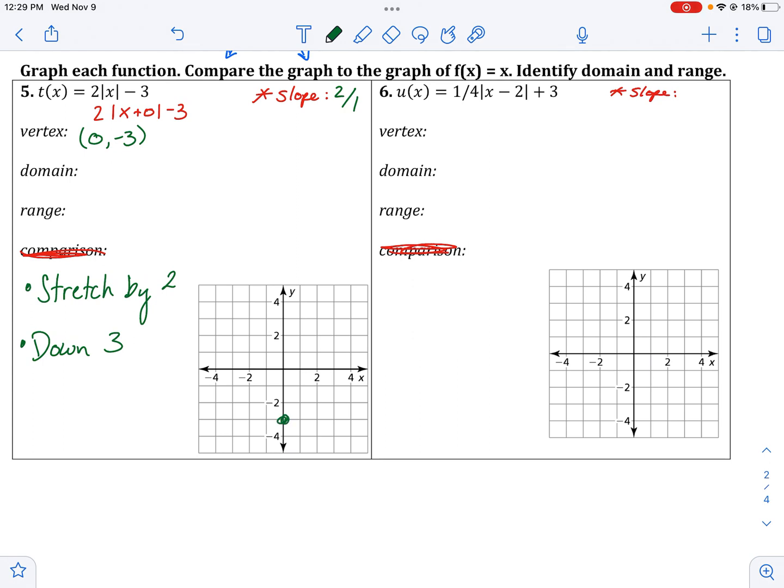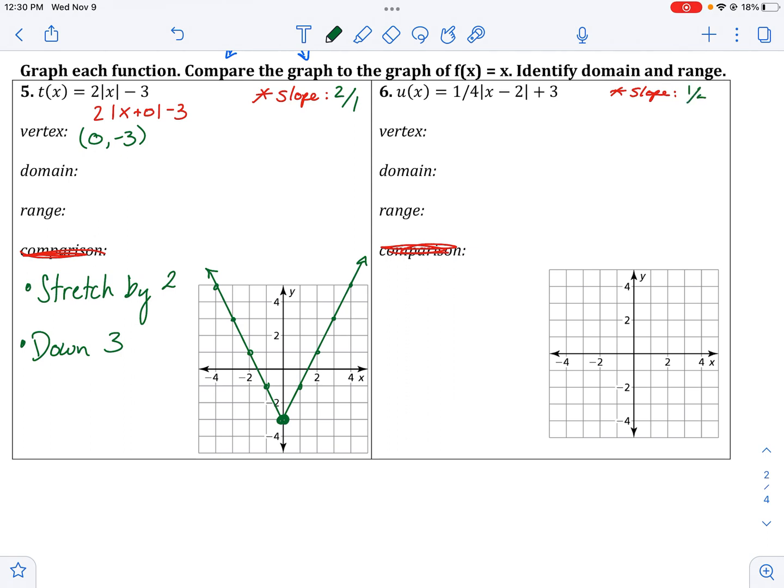And if I find that point of 0, -3, there it is, left and right 0, down 3. And then I will do my slope of up 2/1 and up 2/1 all the way on both sides until I get that nice V shape, that nice absolute value shape.